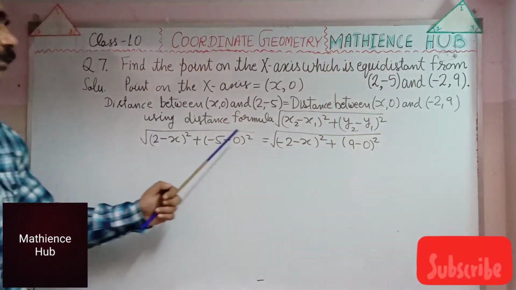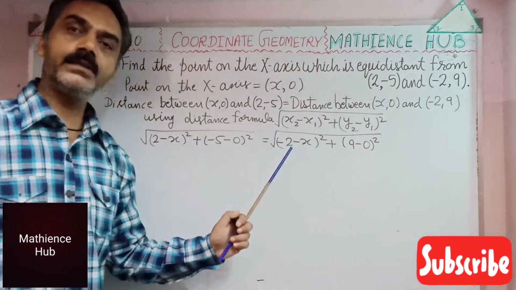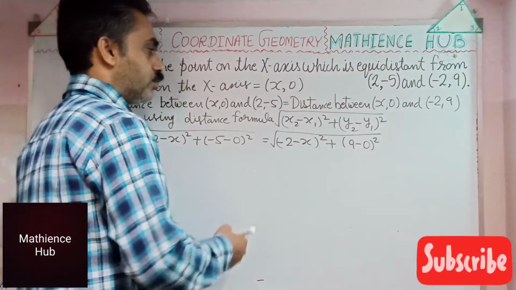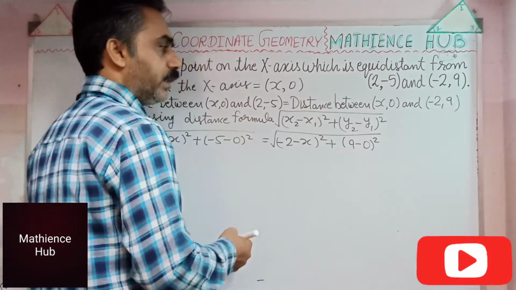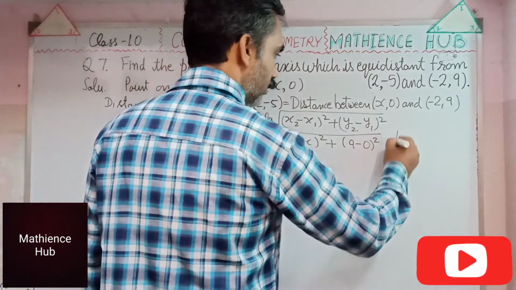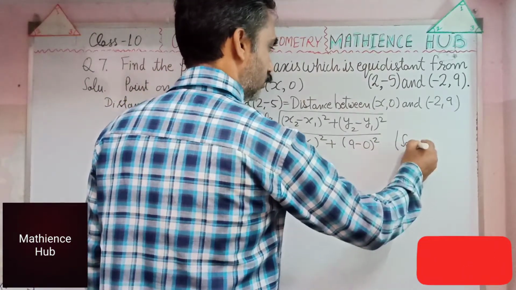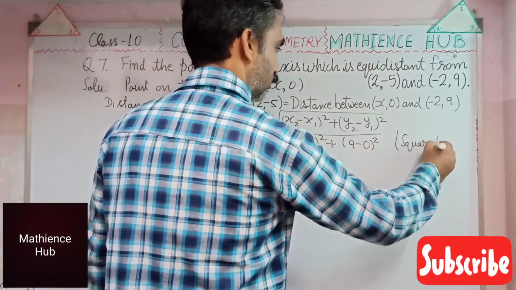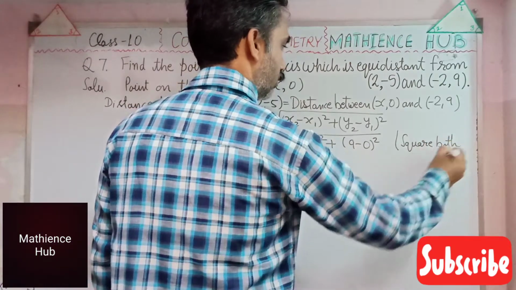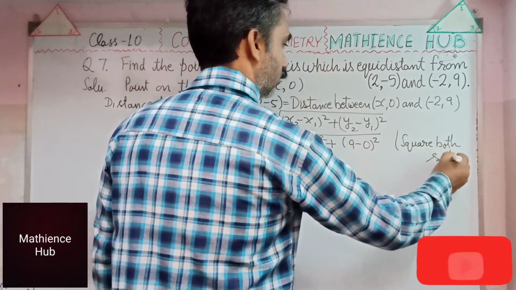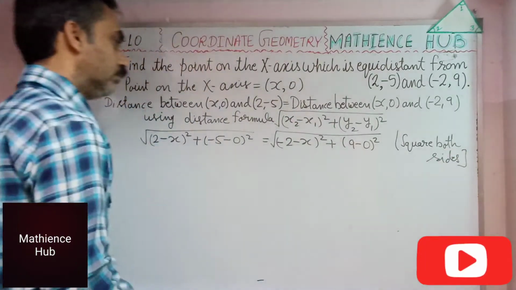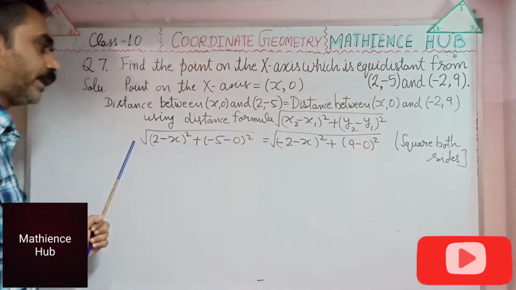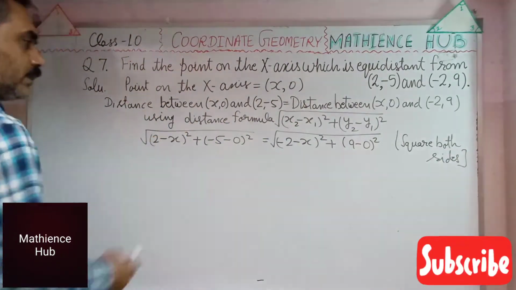You see here square root on both sides, so to eliminate the square root we square both the sides. Now the square root is eliminated.